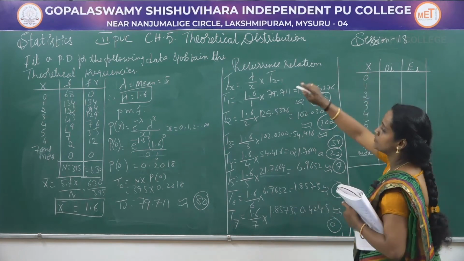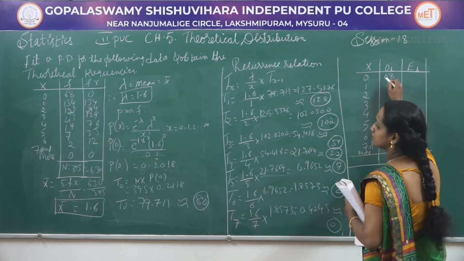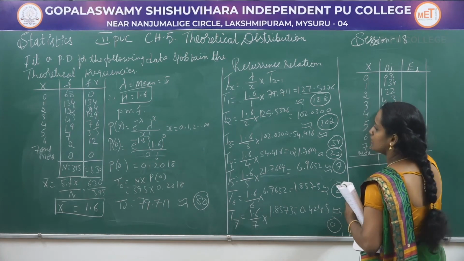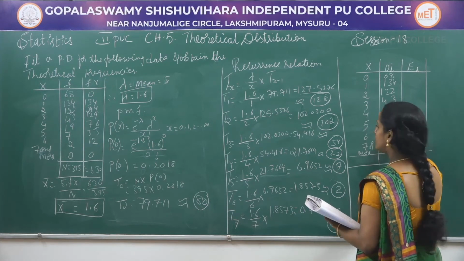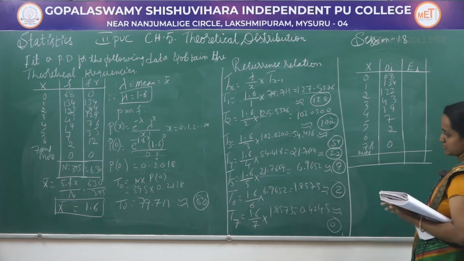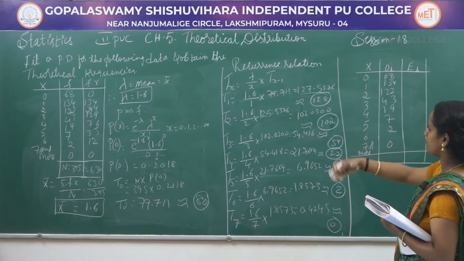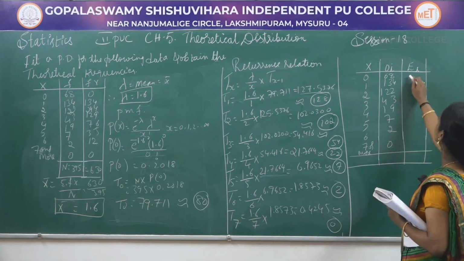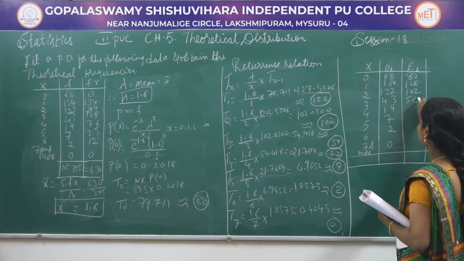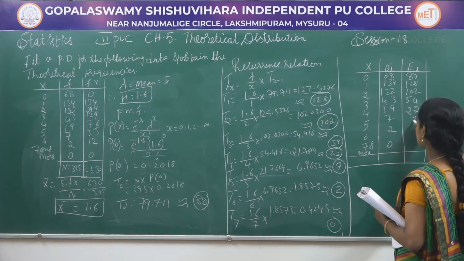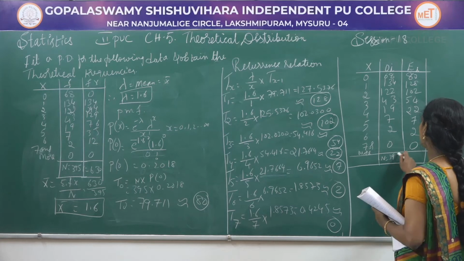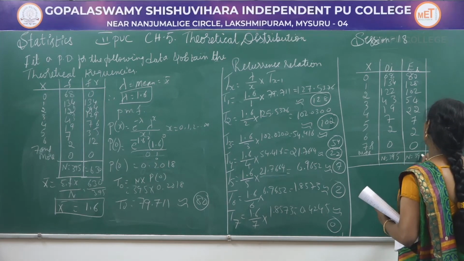And here the observed frequency that is given is 68, 134, 122, 43, 19, 7, 2, 0. And the expected, that is the theoretical frequency that we have calculated, is 80, 128, 102, 54, 22, 7, 2 and 0. Your n is equal to 395, and the total expected is also 395.